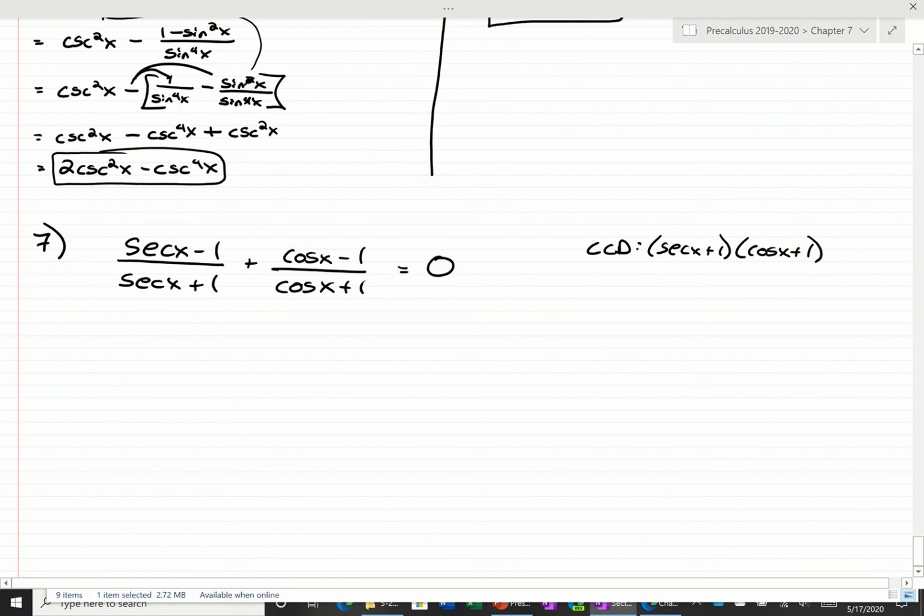So I'm going to get that for each fraction. So what that means is I'm going to have to multiply the left by cosine of x plus 1 over cosine of x plus 1. And the right I'm going to have to multiply by secant of x plus 1 over secant of x plus 1. So it's a lot of work, but let's see what happens.